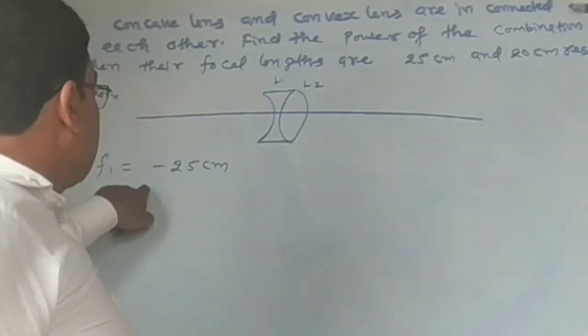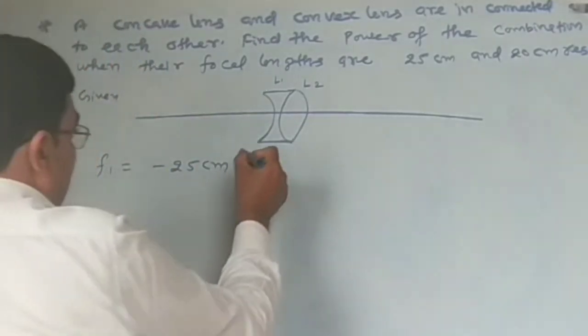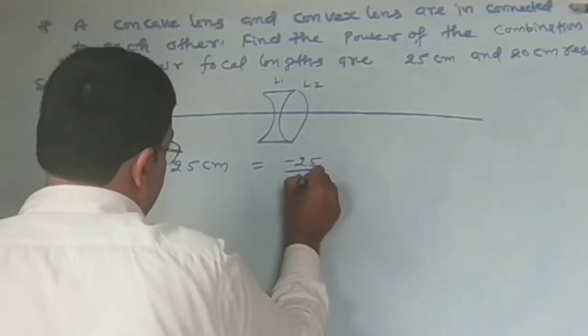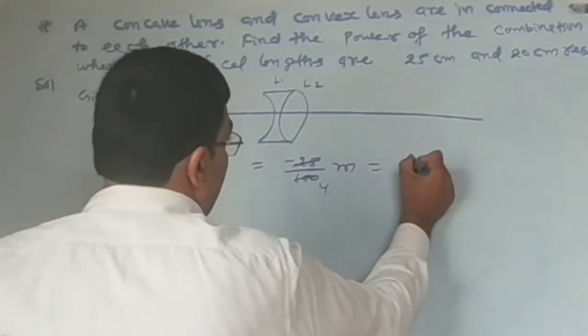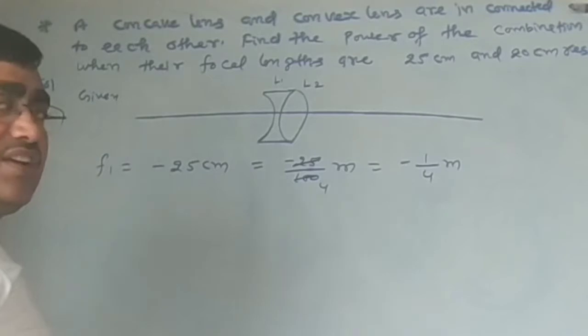Okay, because focal length of concave lens is always negative, that implies minus 25 upon 100 meter, therefore minus 1 by 4 meter.